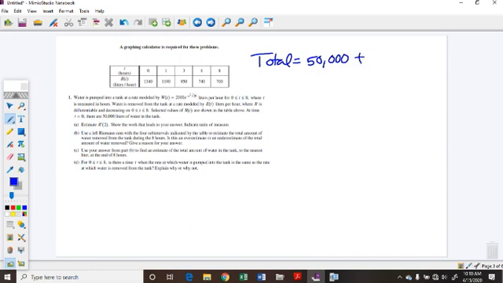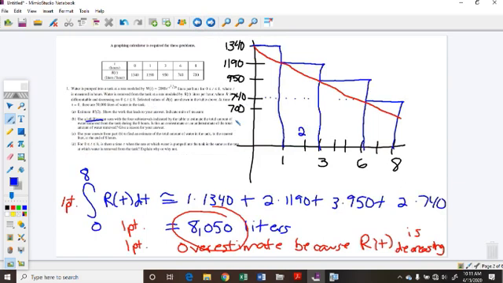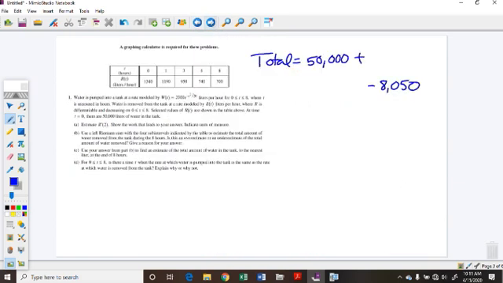Well, we need to consider that water is removed from the tank by R of t. So that 8,050, we're going to subtract at the end. Where did I get the 8,050? From part B. And remember, they told us to go from 0 to 8.